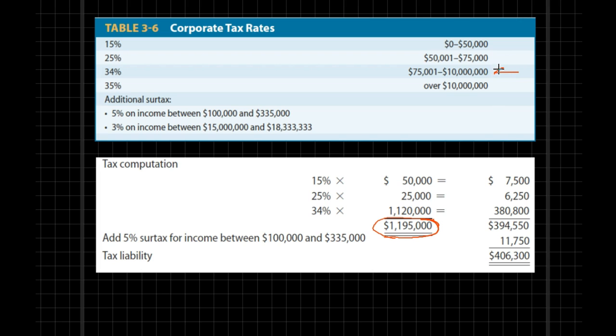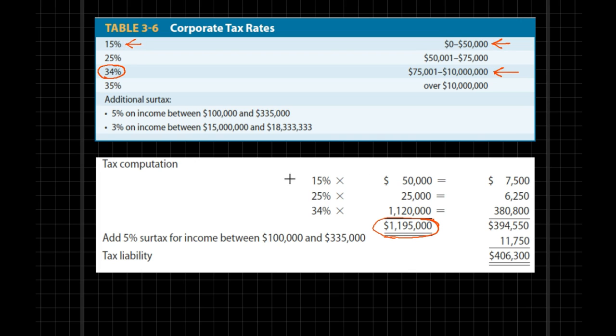As you can see here, $1,195,000 is in the third tax bracket, which is the 34% rate. But that's really the marginal tax rate. Because we have a progressive tax system here, what this table tells you is that the first $50,000 of your income should be taxed at 15%.